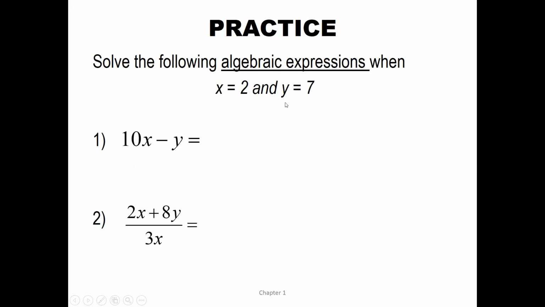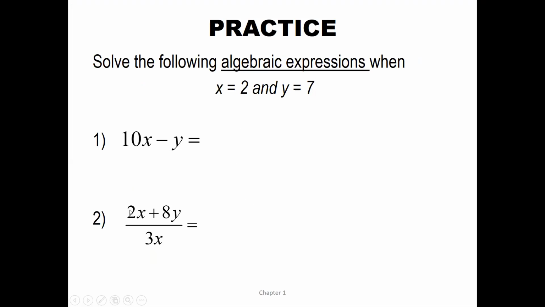Okay, we can do the same thing here. Remember, if we were in class, you guys would be solving these. Remember 10 times 2. So the first thing we do is the multiplication, because remember, subtraction comes at the end. So 10 times 2 is 20, minus 7 is 13.